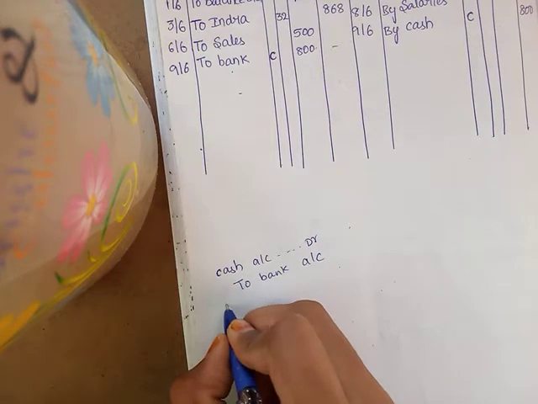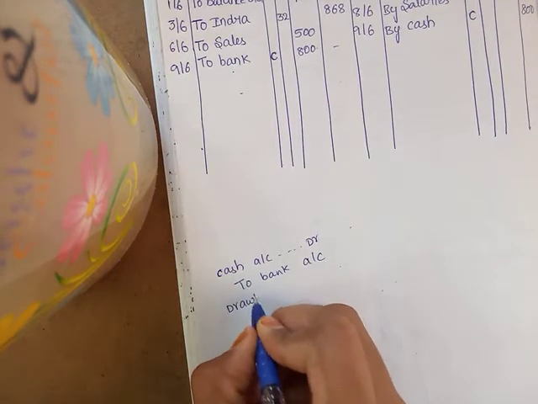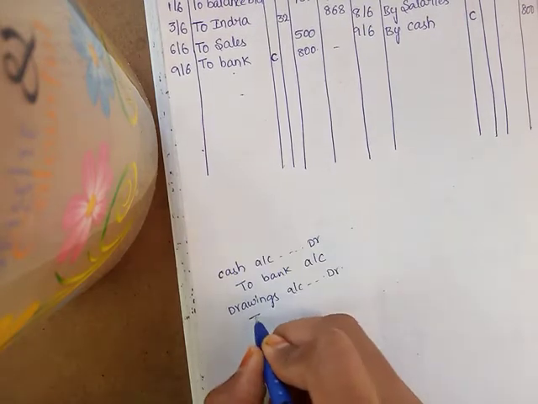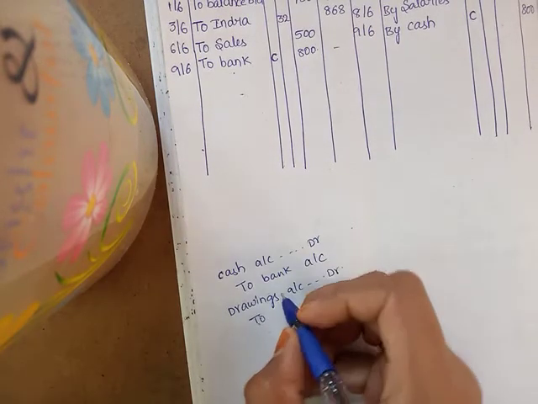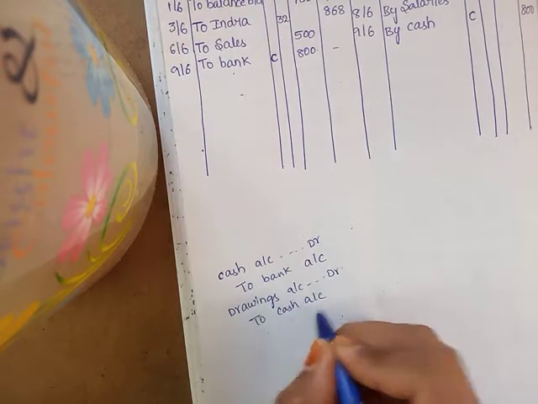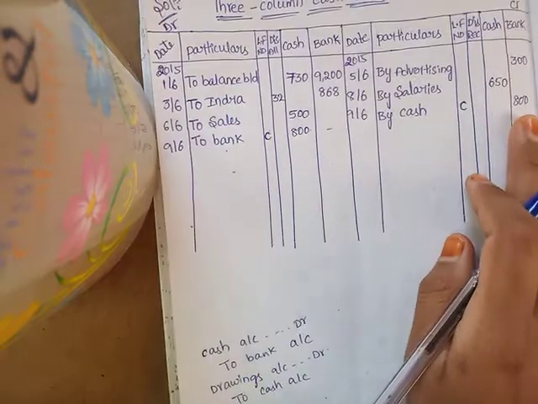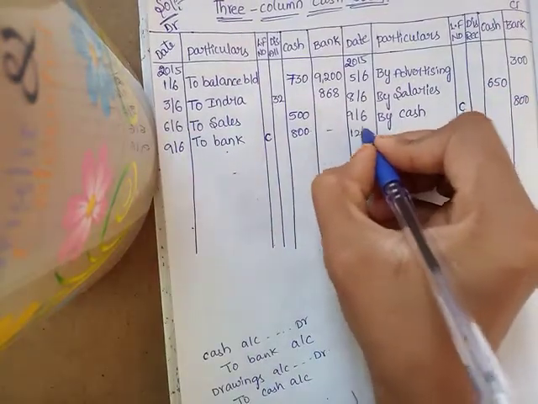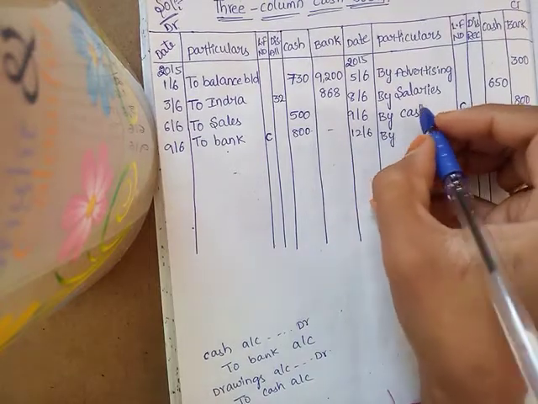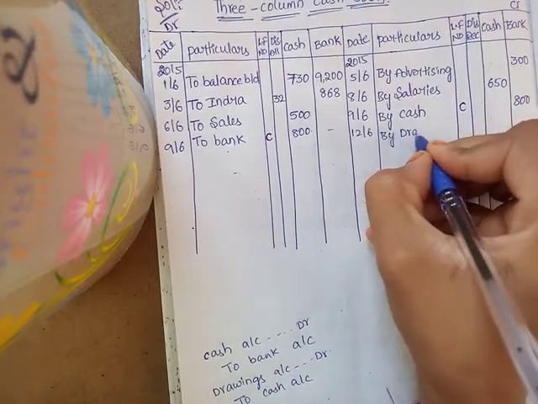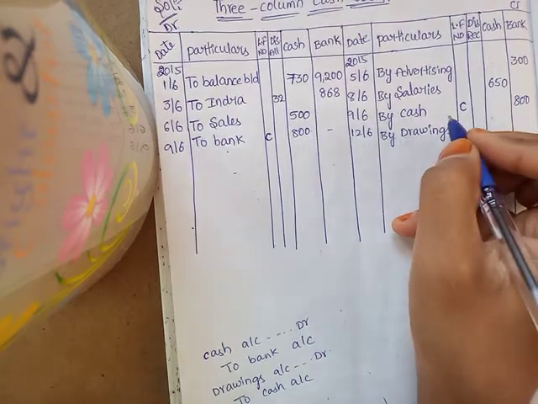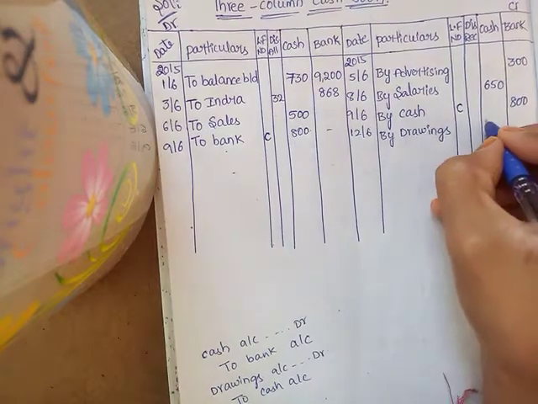Entry is drawings account debit to cash account. So cash account is on the credit side. On the credit side of the cash book, by drawings is rupees 400.